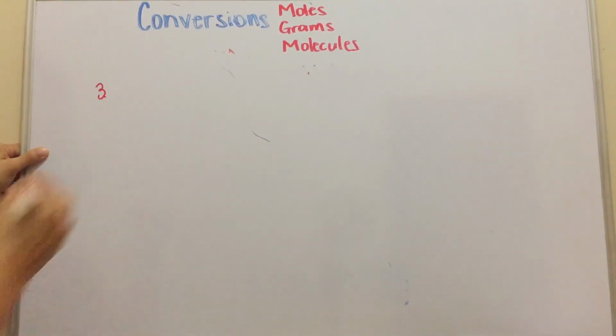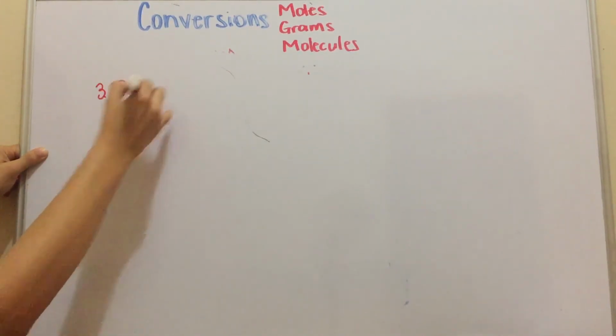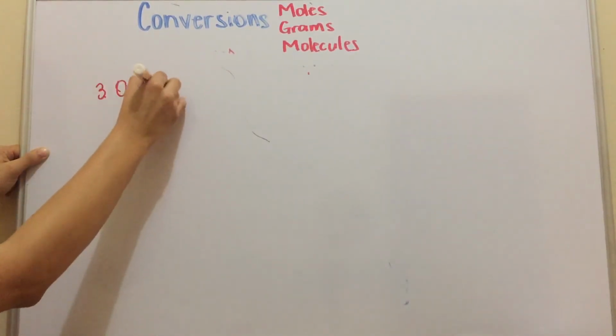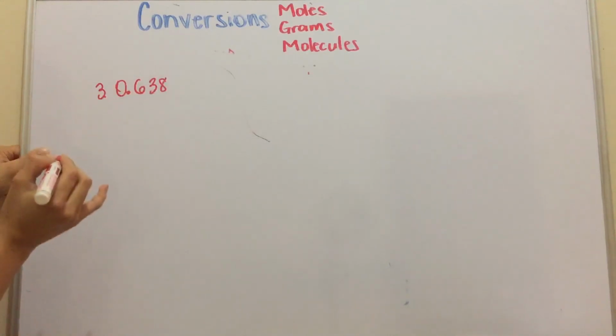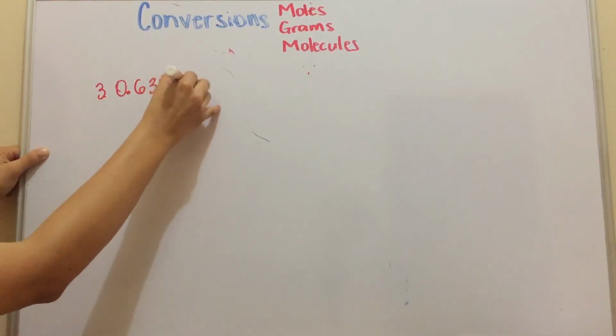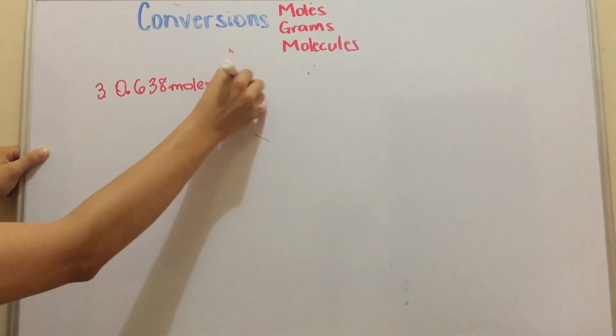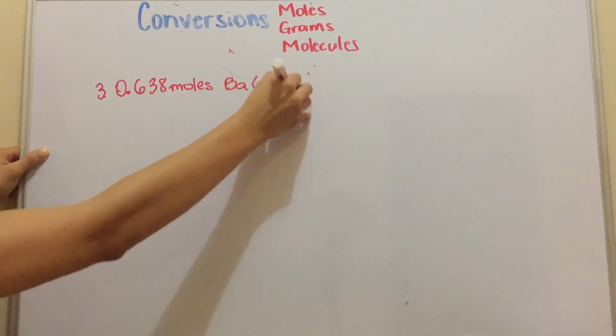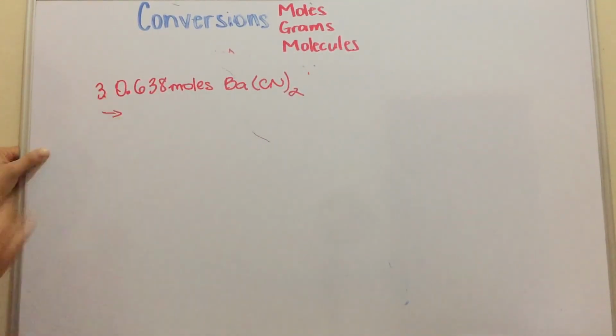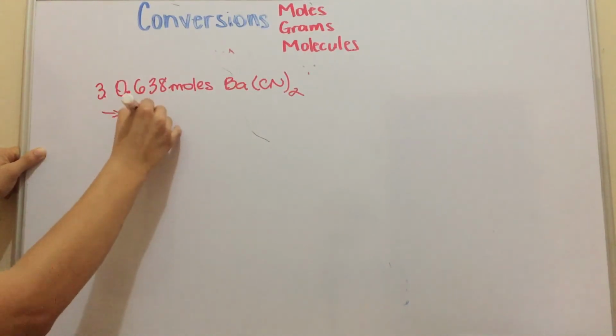We have 0.638 moles of barium cyanide, and we're going to convert it to grams.